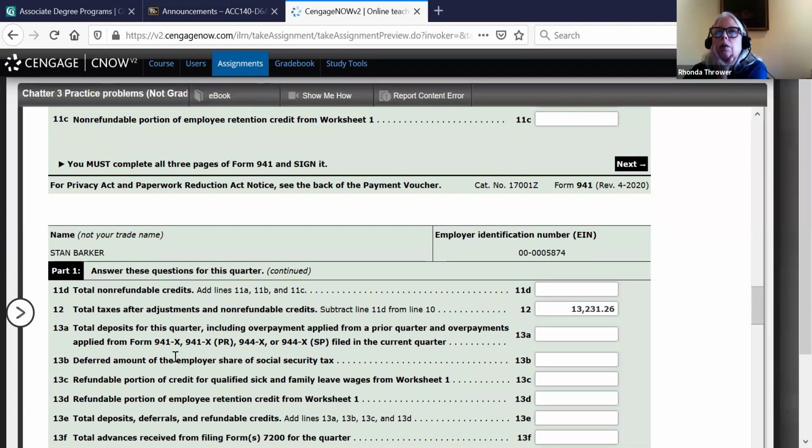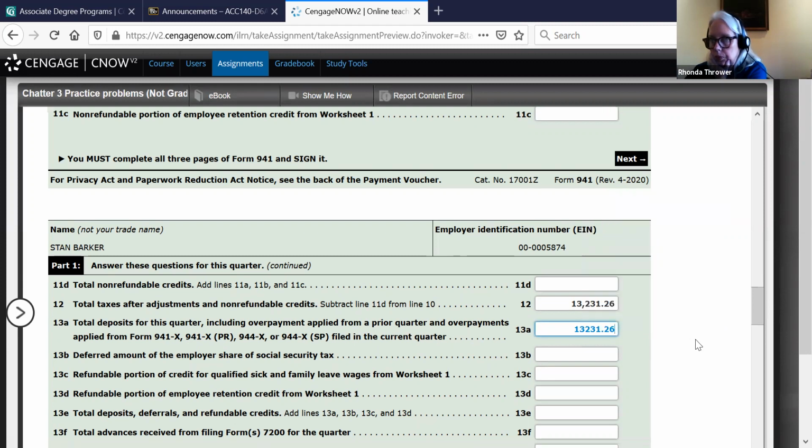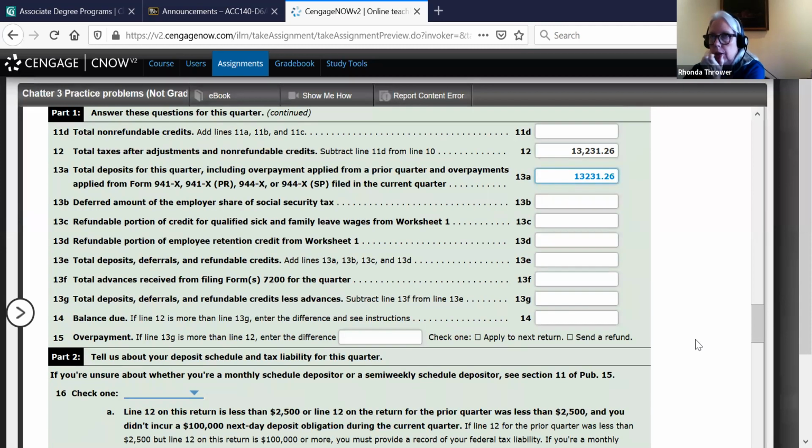Then the total taxes for this quarter are going to be the same amount that we got here. Then we're going to look at this.